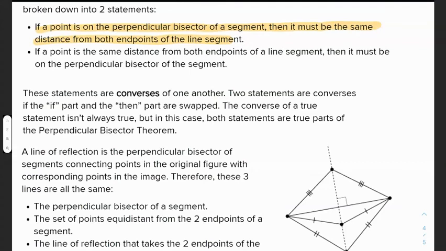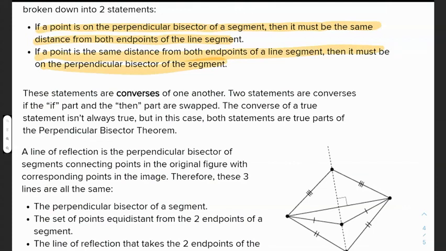Okay, so it's pretty much the converse. If you notice, these two statements are converses of one another. Do you notice how they change the logic here?